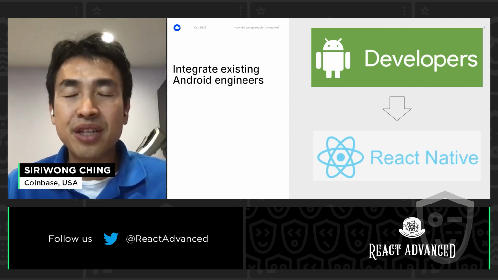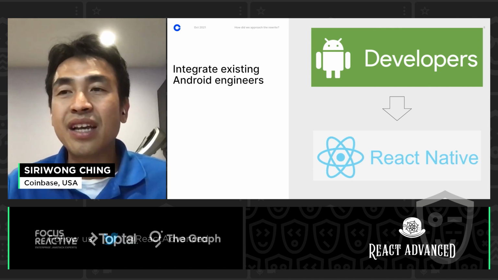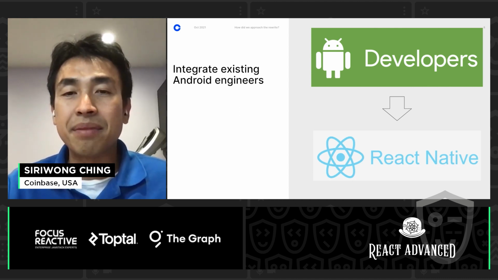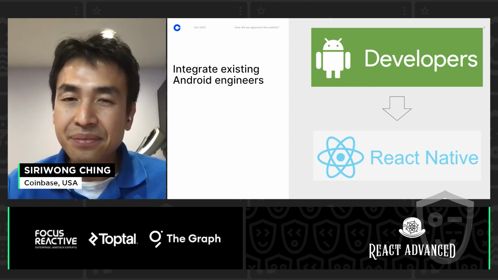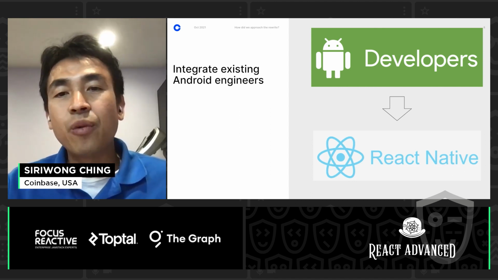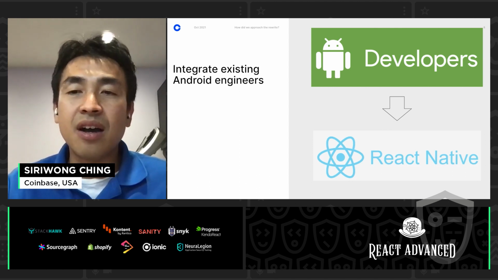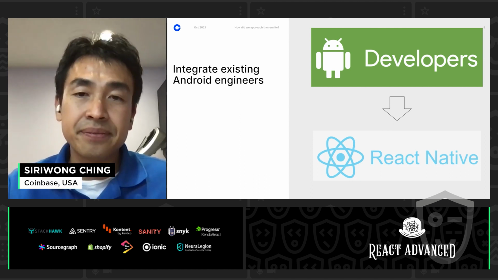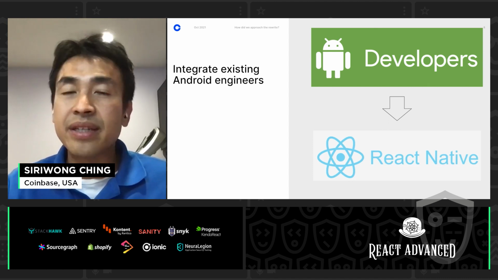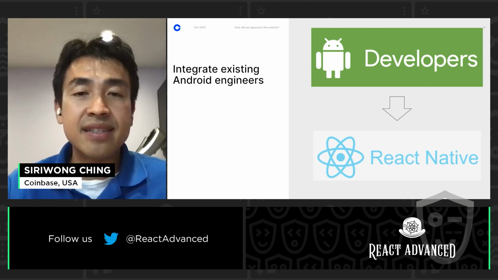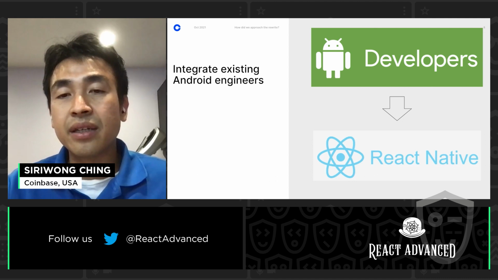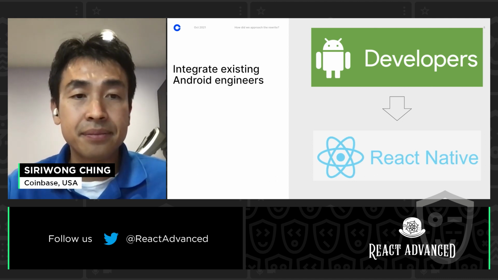Because we rewrite from scratch, there are going to be a lot of features that no one knows about. They can also work on the native modules since they have expertise in the native language as well. So these Android engineers were the key to our project success.